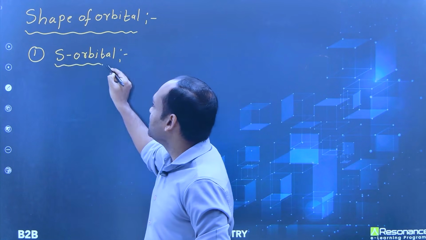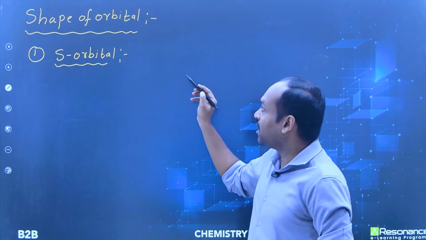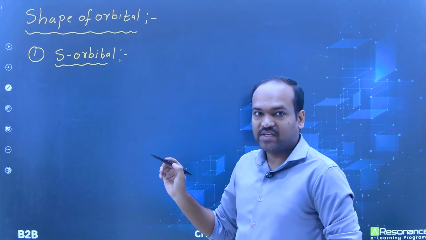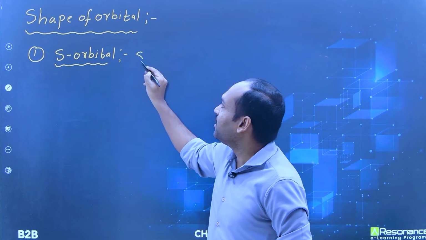My suggestion is that these are all information, so if we remember them, we can easily answer. What is the shape of the s orbital?